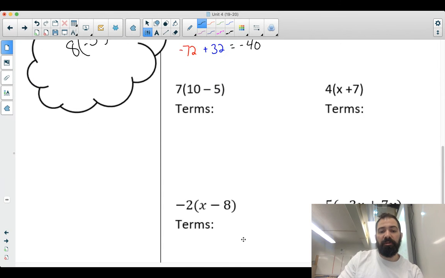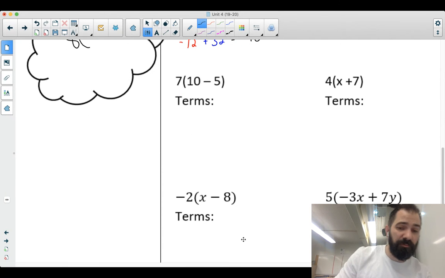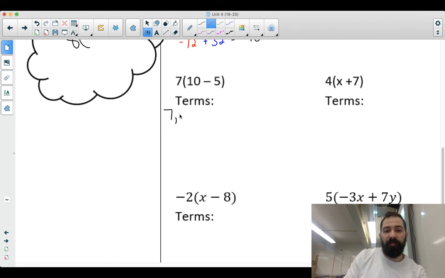Let's look down here a little bit. When we multiply the outside term by the ones on the inside, we can identify our terms. Our outside term is 7. Our inside terms are 10 and negative 5. So you multiply 7 by all of these terms. 7 times 10 is 70. 7 times negative 5 is negative 35.